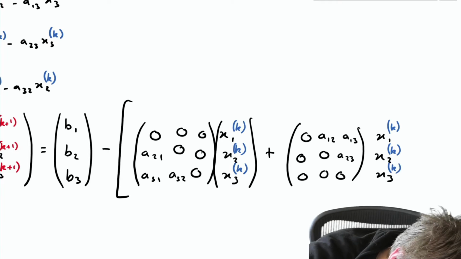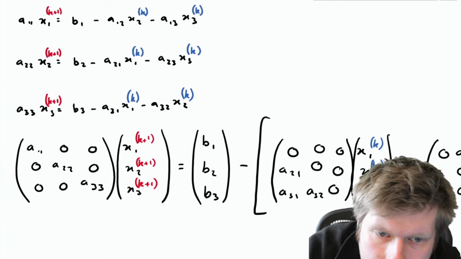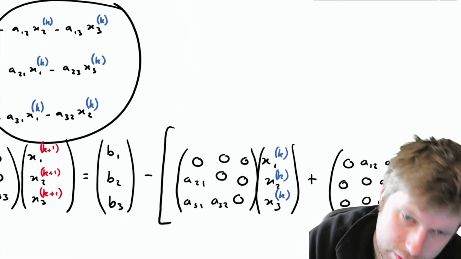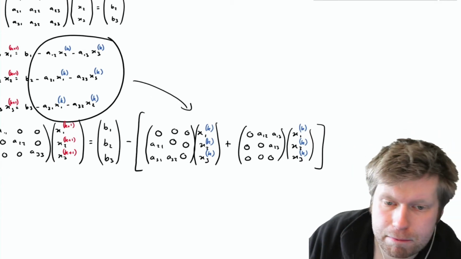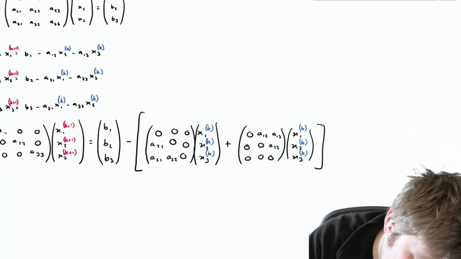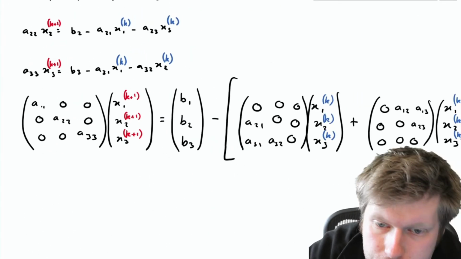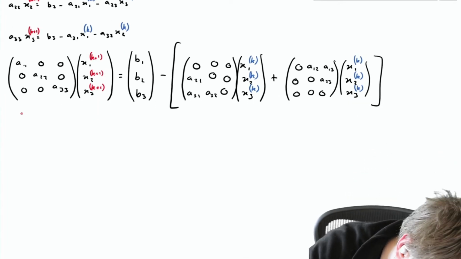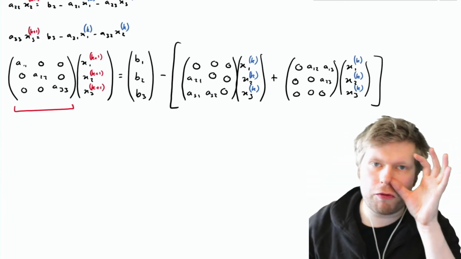Okay, so hopefully you can convince yourself that this part in particular can basically be written like this. Now the reason why I want to write it like that, the reason why that's very important to me, so I'm just going to write it on the screen, there we go. The reason why that's important is because this is just the diagonal part of my original coefficient matrix A.